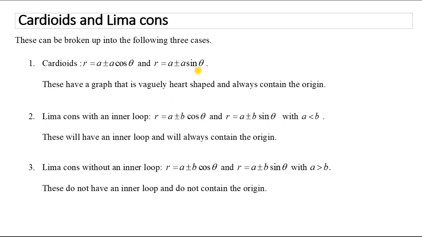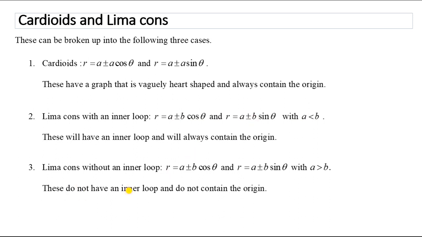In this equation, a is a constant. You must have this constant equal to this constant. The equation is a heart without inner loop and through origin. Number 2: if r = a ± b cos θ, constant and constant, but a less than b, the graph is a heart with inner loop and through origin.